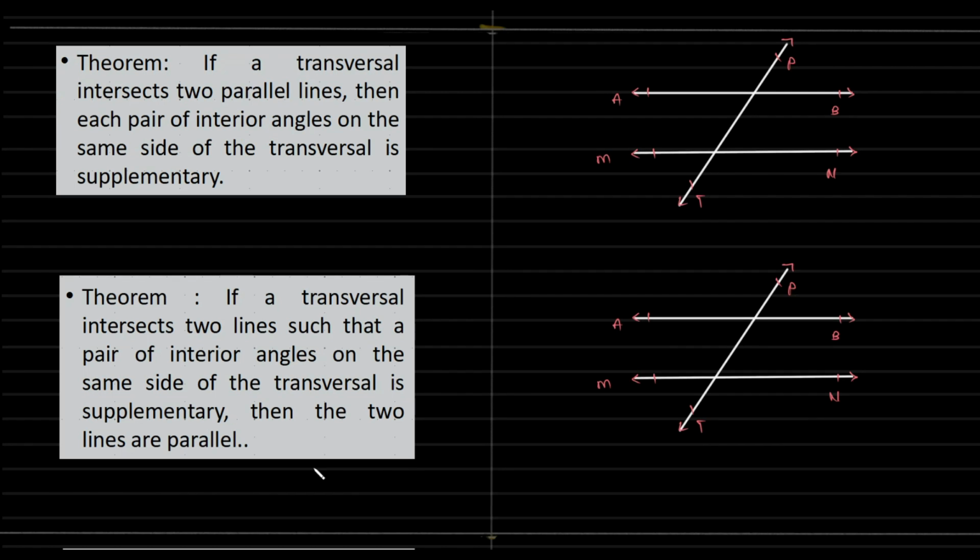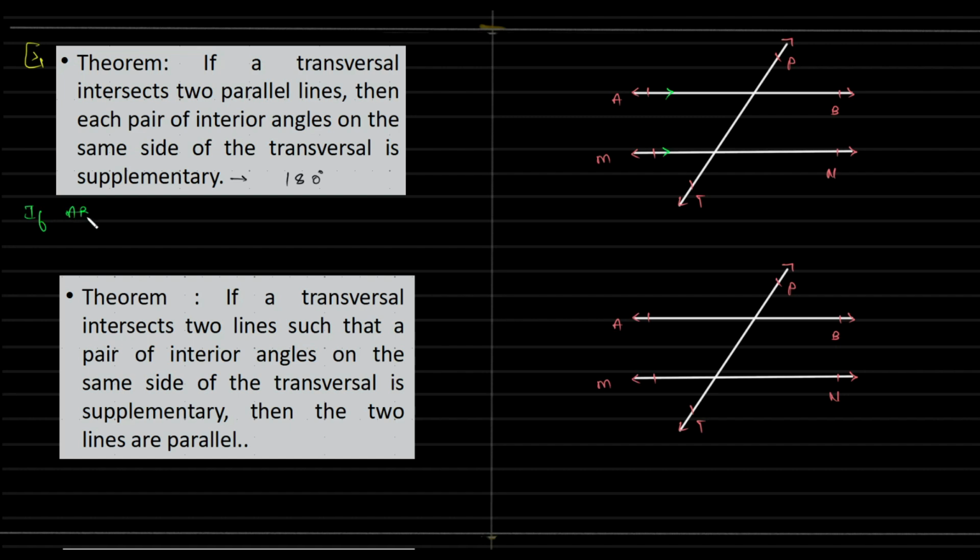Similarly, we have one more theorem. If a transversal intersects two parallel lines, then each pair of interior angles on the same side of the transversal is supplementary. Okay, what is supplementary? Remember, we wrote S: two angles which add up to 180 degrees. They need not be adjacent angles. You have line AB parallel to MN, so that is given.